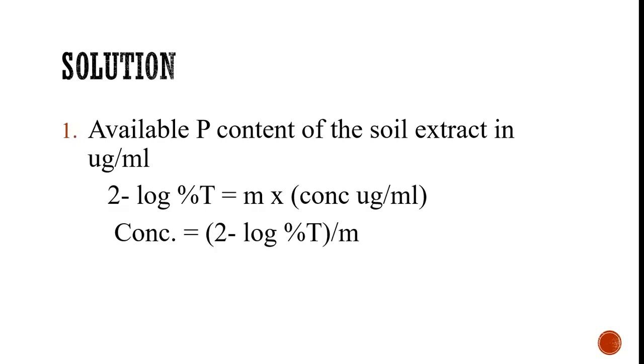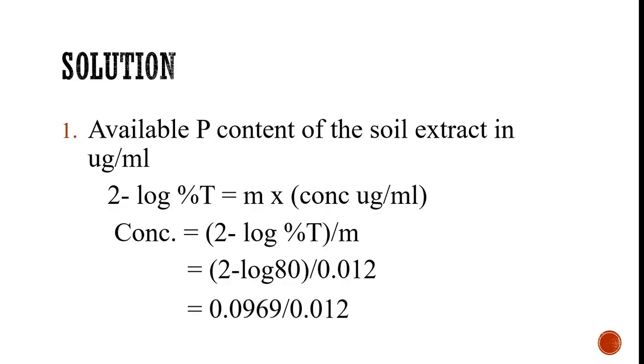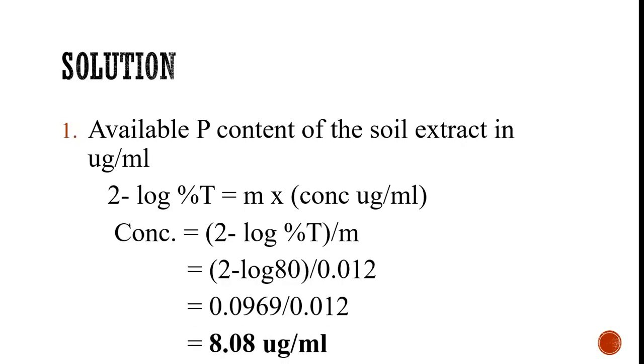We were given T in the table for the soil extract, which was 80%. So the concentration equals 2 minus log 80 divided by m, which is the slope of the line. Remember, it's 0.012. So in the end, our concentration of phosphorus in micrograms per milliliter becomes 8.08.